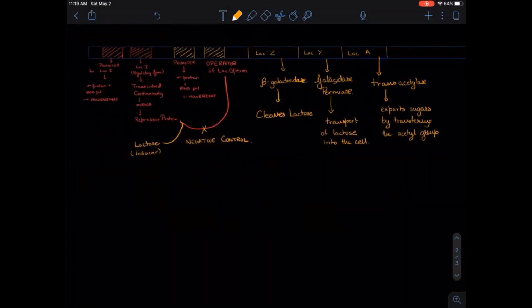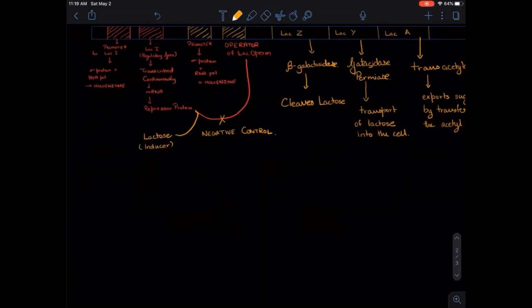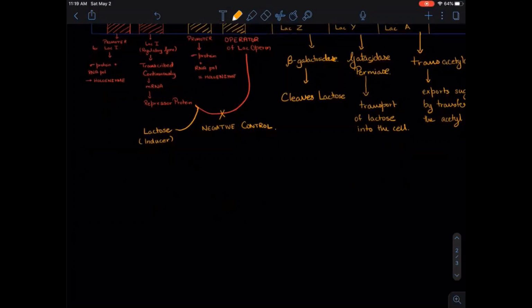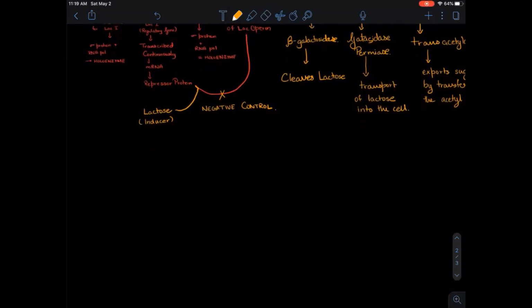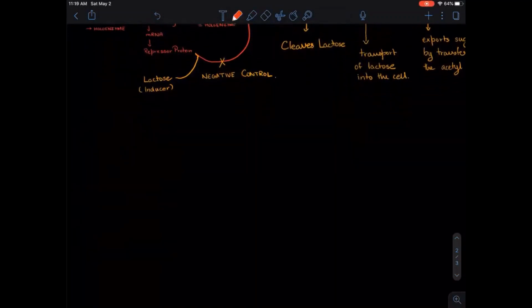However, this is not it. We mentioned that when concentrations of glucose are sufficient, there is some effect on the Lac Operon. This is because of two hypotheses. One is known as the inducer exclusion.